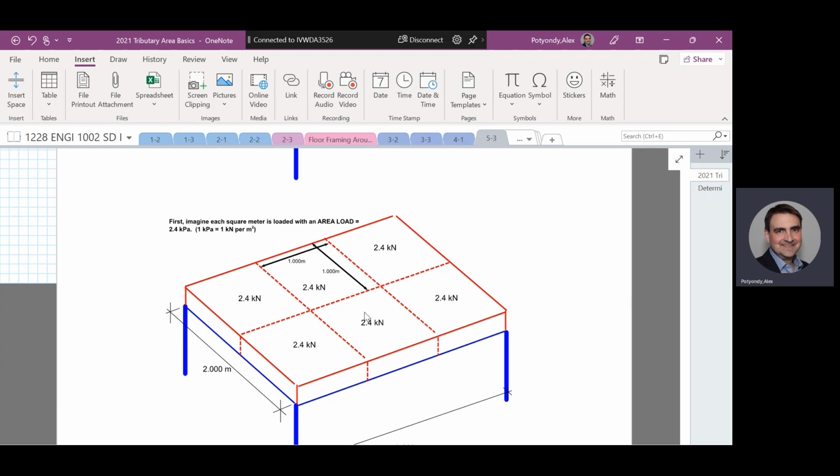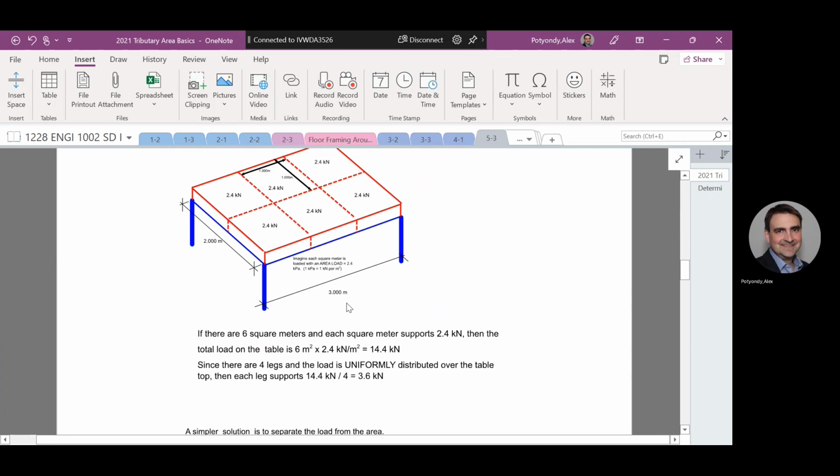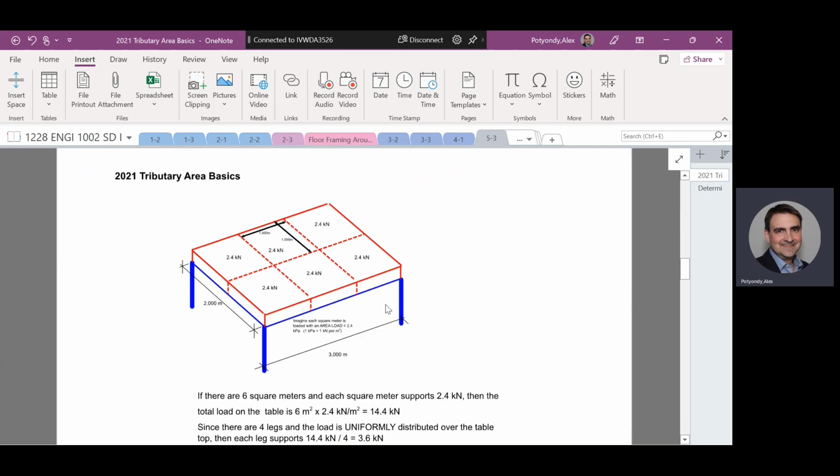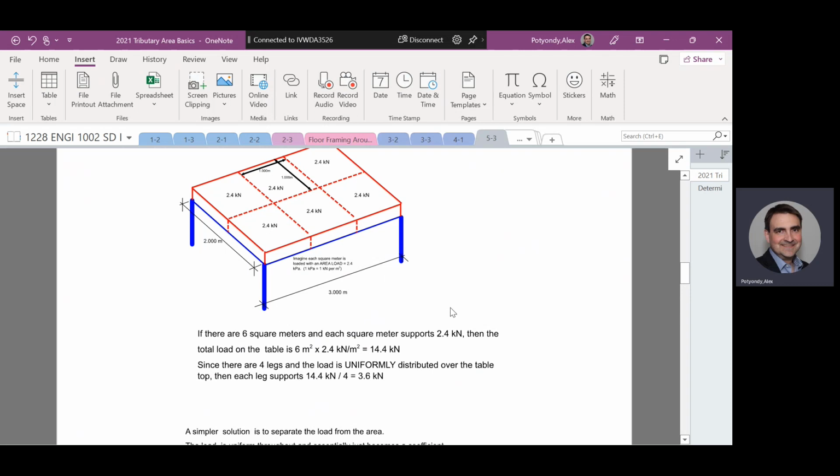Now what I've got to do is distribute this load over the 4 legs. How many square meters do I have? Well, I've got 6. I don't even have to do math; I can just count the boxes. 1, 2, 3, 4, 5, 6. So 6 square meters, 6 boxes, and each one supports 2.4 kilonewtons. The total load that the table is supporting is 6 times 2.4, which is 14.4 kilonewtons.